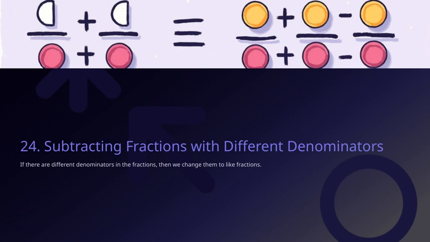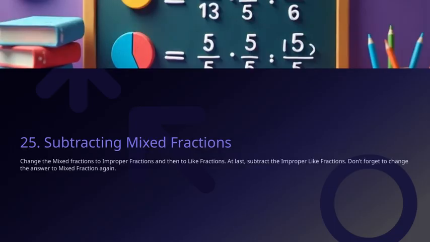It just puts them in a form that's easier to work with. This concept is really important because it helps us handle a variety of fractions and makes subtraction more straightforward. Throughout this presentation, we're building a toolkit for working with fractions confidently, and mastering this step is a crucial part of that.